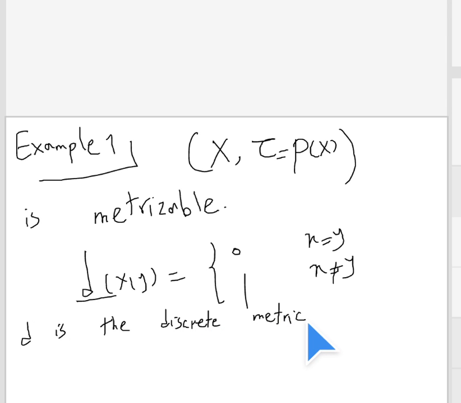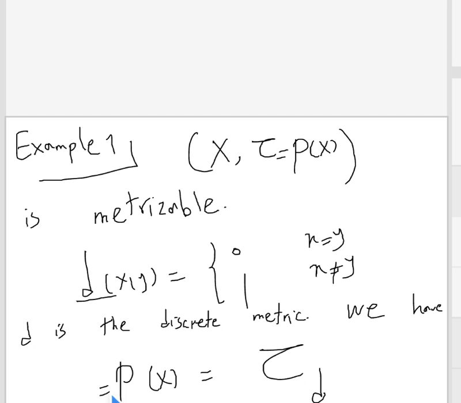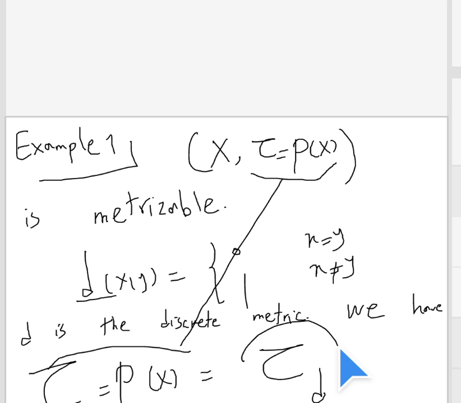We have the power set is equal to the topology induced by d.